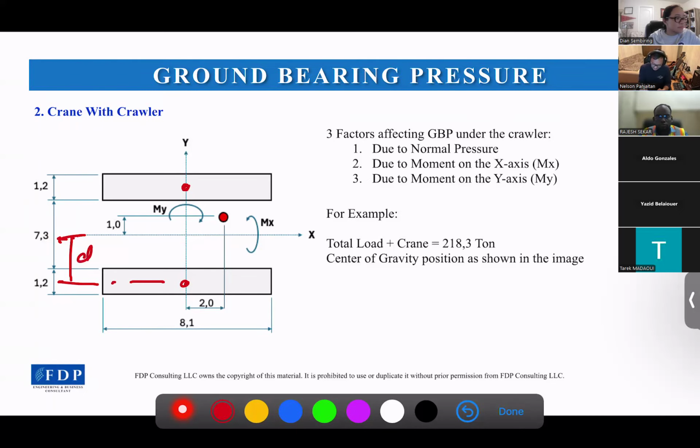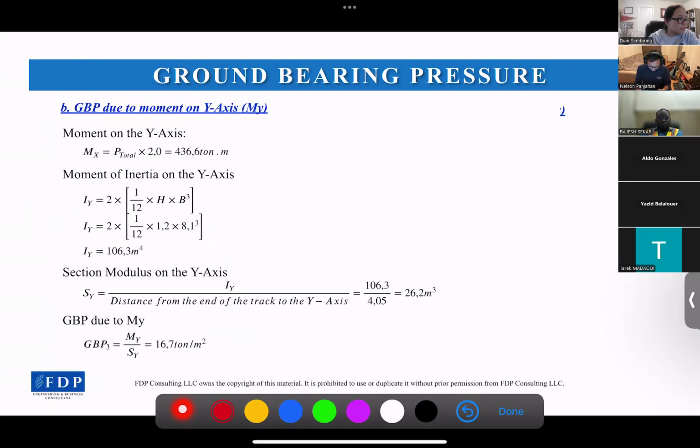Now, what about the center of the track to the y axis? It is already on the y axis. So D is 0, correct? That's why it does not appear in this formula.